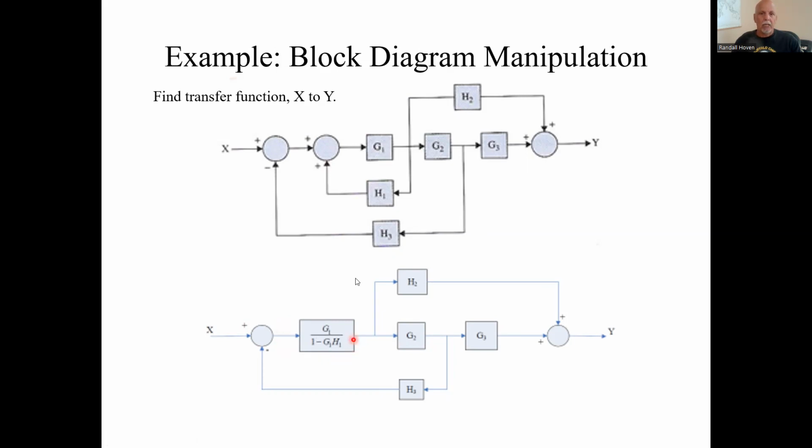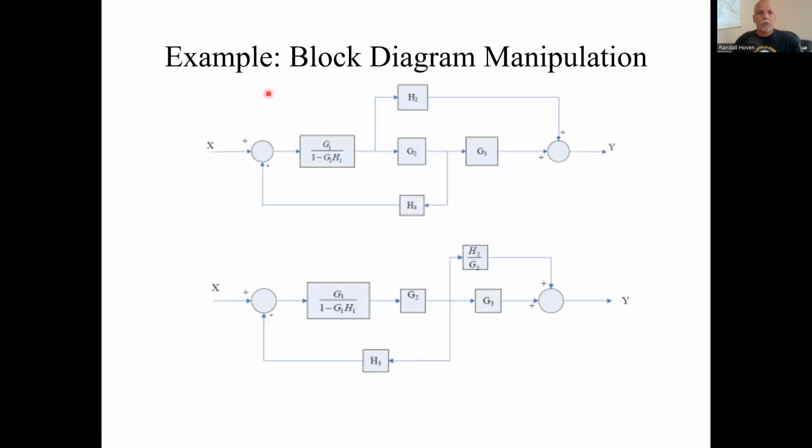So this little block replaces this inner loop. That's all we did in that step. The rest of this is the same. This signal going into H2 is the output of this inner loop. So this top one is where we just left off.